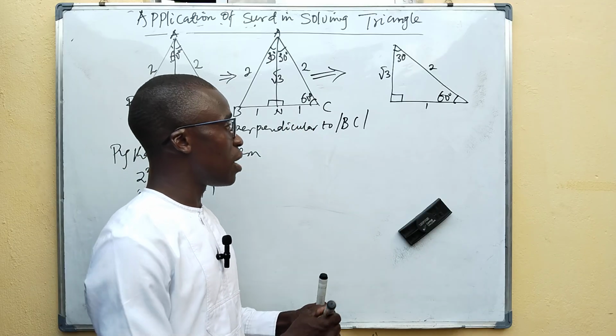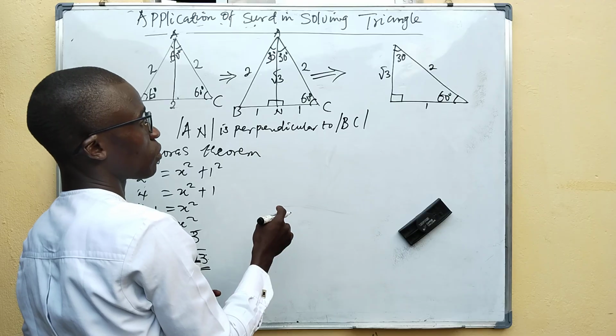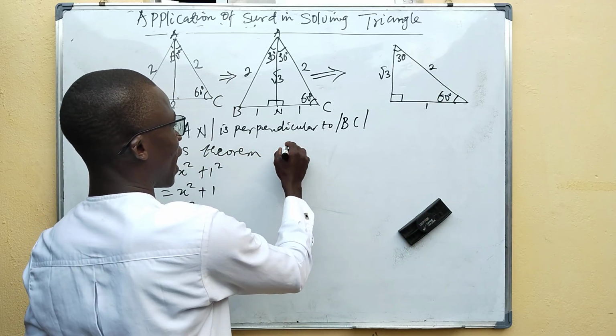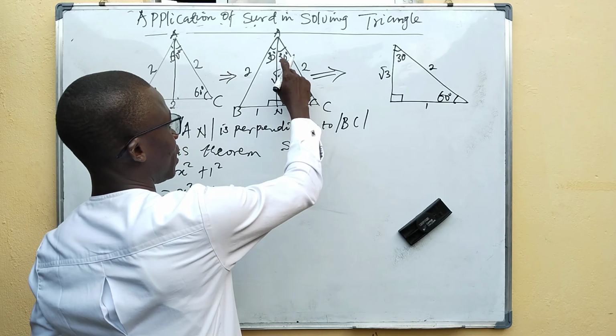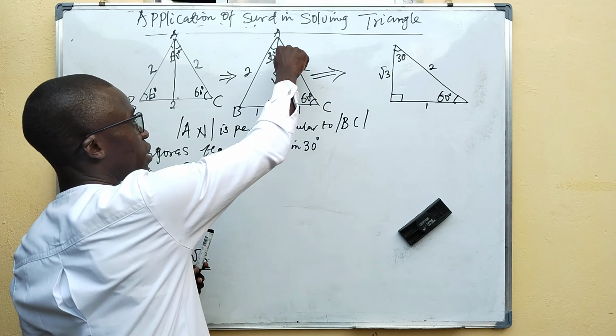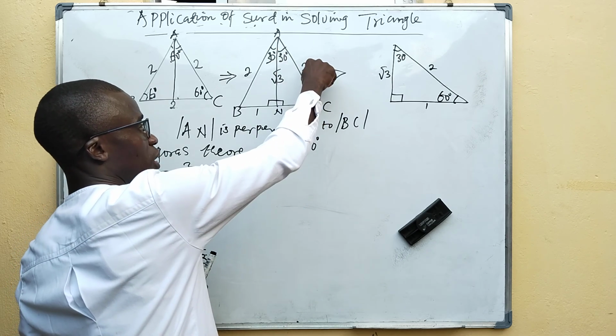By applying the main rules. Now this diagram is complete, so we can say sine 30 degrees. What is sine 30 degrees? With respect to 30 degrees, this will be opposite over hypotenuse.